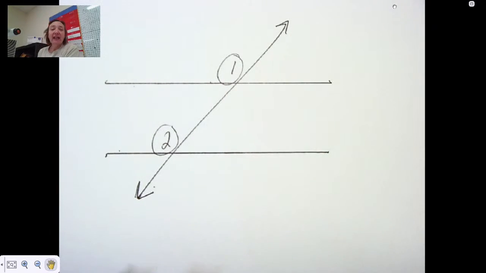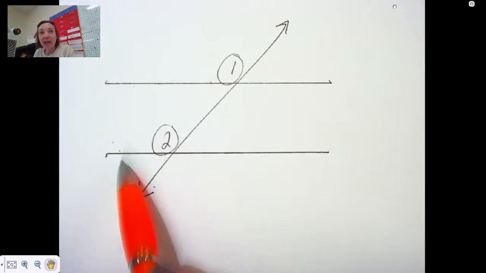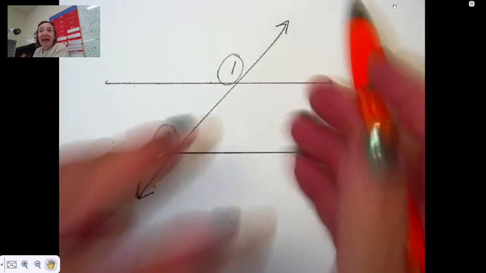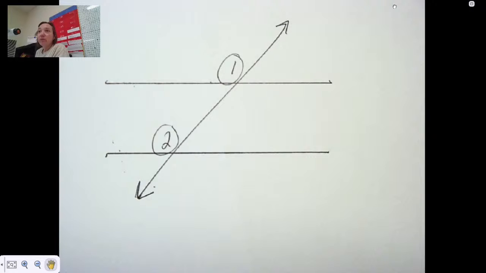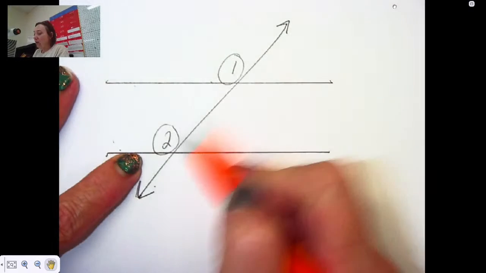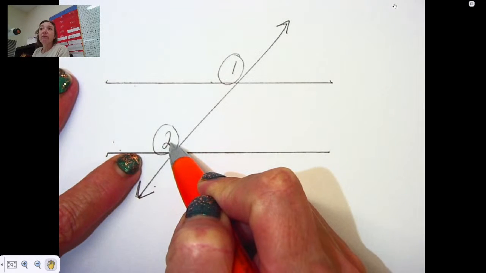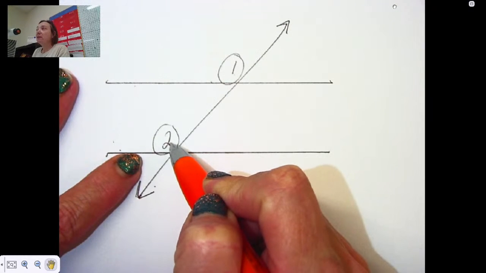Okay. That's corresponding angles. Now, we have the same thing going on with alternate interior, alternate exterior, consecutive interior, consecutive exterior. All of those have their own little postulate, right? That says, if I know these two lines are parallel, then I know this stuff about these angles. Well, today we're going to work backwards. So today we're going to say, hey, this angle and this angle are congruent. Guess what that means?